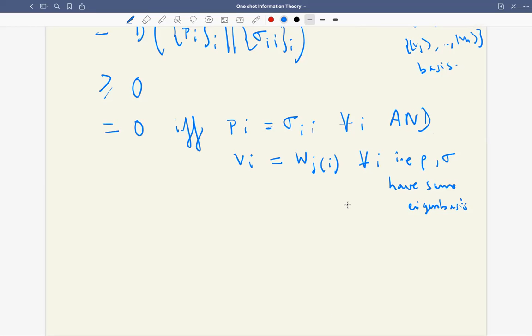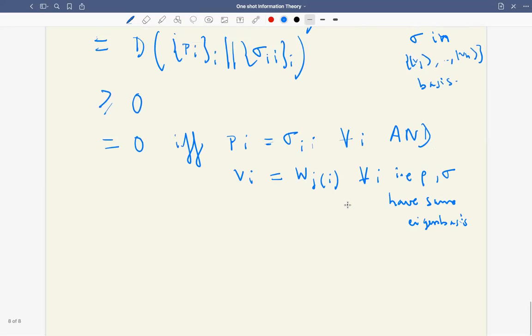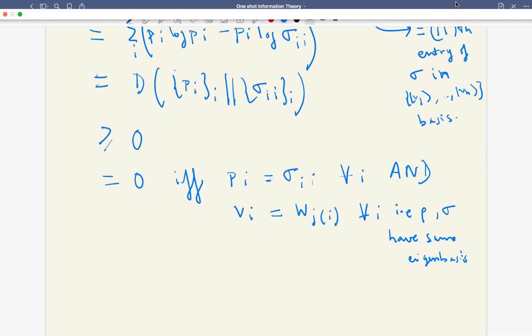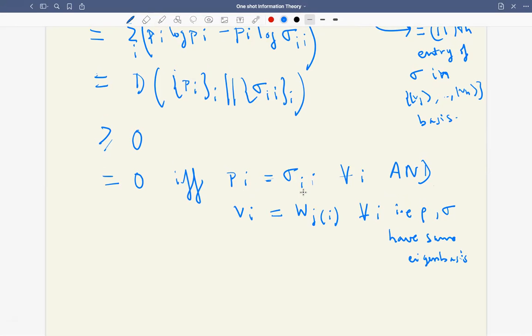So they have the same eigenbasis, and what is the first condition telling me? That p_i is sigma_ii. Now let us say I have relabeled the eigenvectors of sigma so that V_i is the same as W_i. This is just saying that even the eigenvalue p_i is the same as the corresponding eigenvalue sigma_ii. So after showing that they're the same eigenbasis, I'm even showing that they're the same eigenvalues.